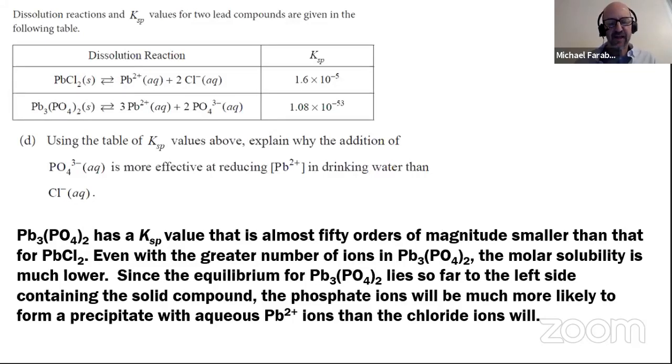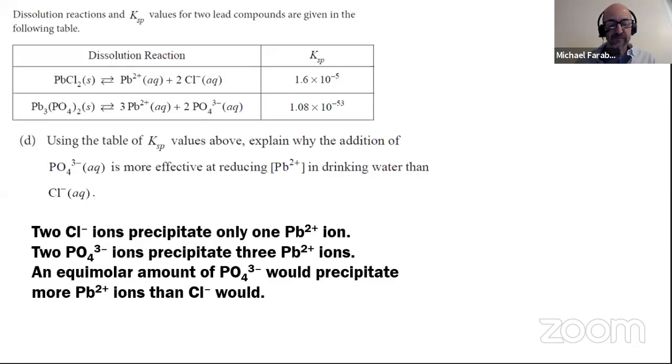So again, comparing the KSP. Or you could have said that the ratio between chloride and lead is 2 to 1, whereas the ratio between phosphate and lead is 2 to 3. So if I have an equal molar amount of phosphate and chloride, the phosphate would precipitate more lead than the chloride would.